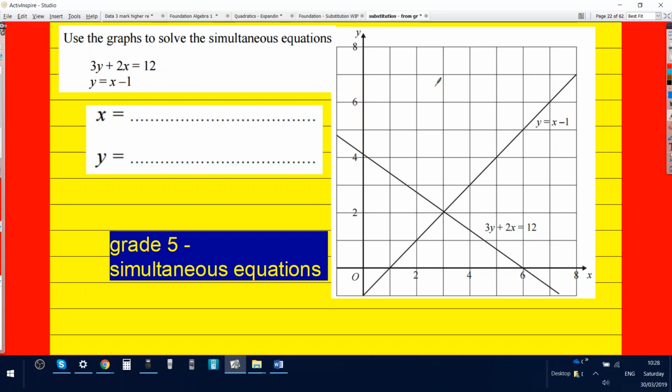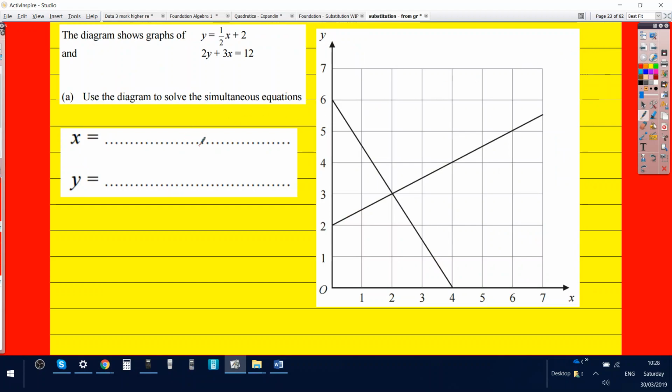Is where they cross important? Yeah. Okay, so the x would be 3 and minus 2. No, not minus 2. So it'd be 3 and y equals 2. Yeah. This one. So the x would be 2, and the y would be 3.